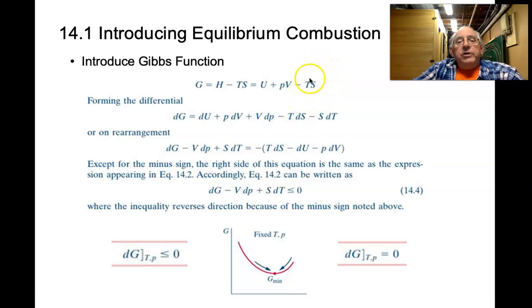When we take the differential of that, we have a TdS minus an SdT. So when we take the total derivative of G, we get all of these terms. And then again, we can rearrange these terms, and upon rearranging we can get it into a form similar to what we saw before with equation 14.2.